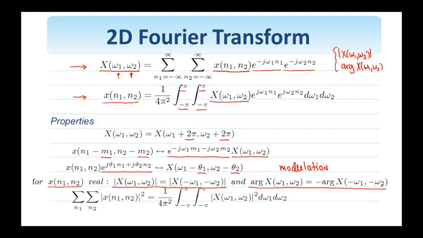And finally, this is Parseval's relation or theorem, which tells me that the energy of the signal, which is found according to this expression in the spatial domain, can also be found in the frequency domain by integrating over one period, 2 pi, this energy density spectrum.